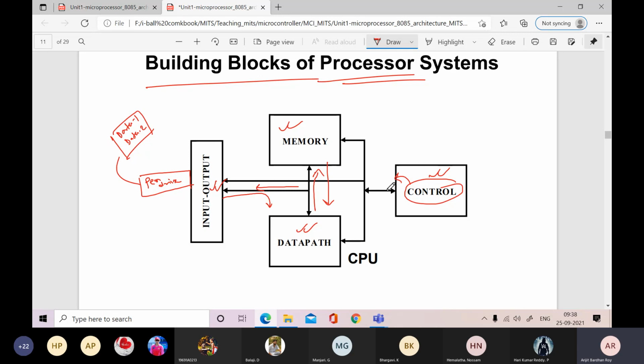This control signal tells that, okay, I have to take this data from the pen drive to memory. So through this input output, I am assuming data 1 will come there. After that, through this path, it will go into this memory.